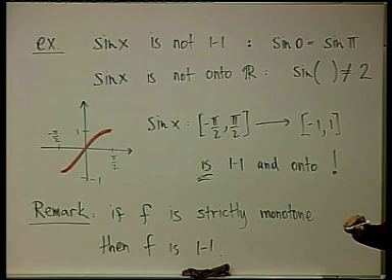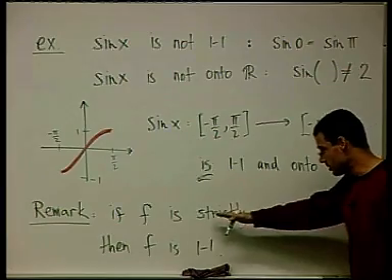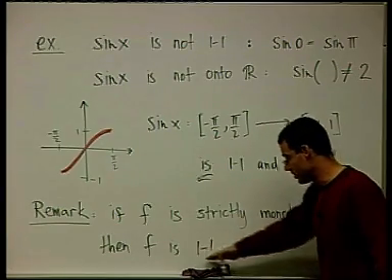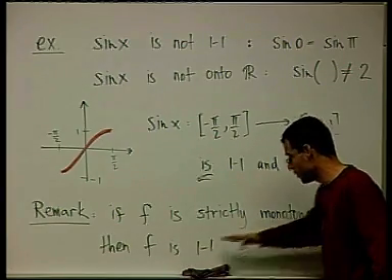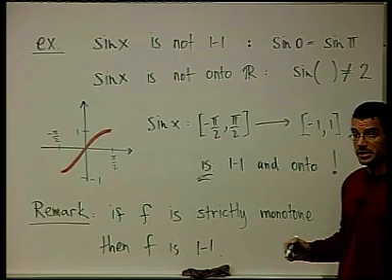Any strictly monotone function is always one-to-one. Okay, think about it a second. Decipher the definition of strictly monotone and one-to-one, and think why this has to be true.